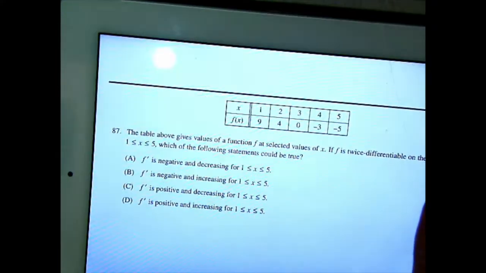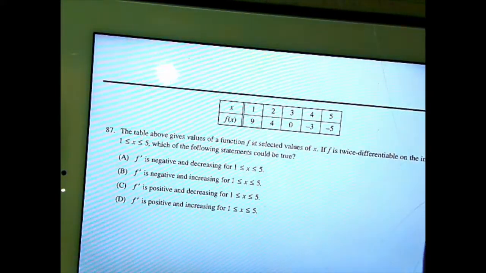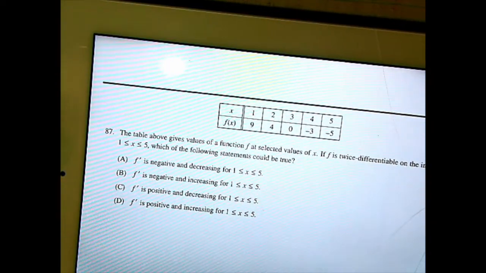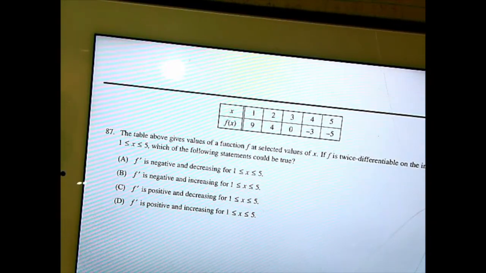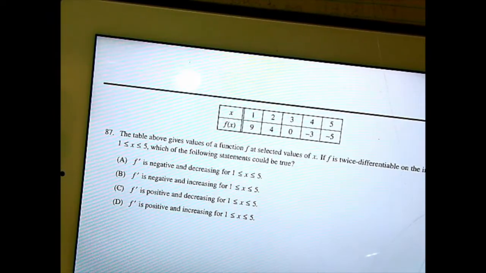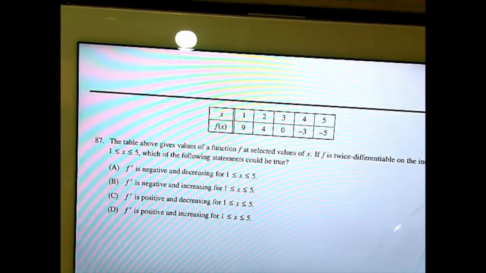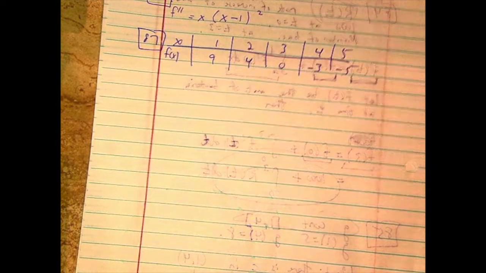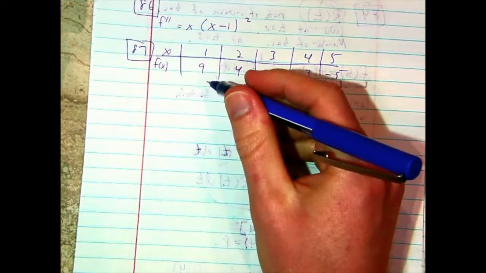It's really a bunch of statements involving whether the first derivative is positive or negative, and also whether the first derivative is increasing or decreasing. What you need to look at to solve this problem is the way in which the values of the function are changing.